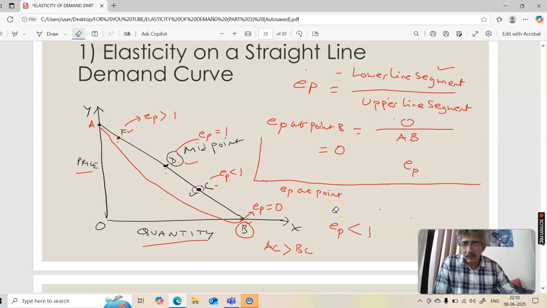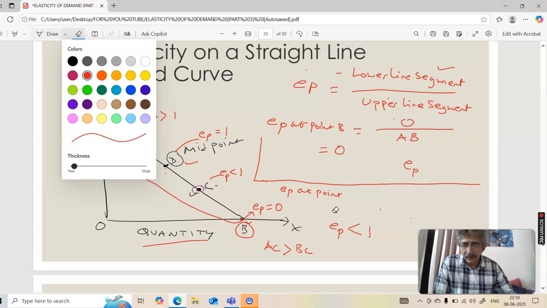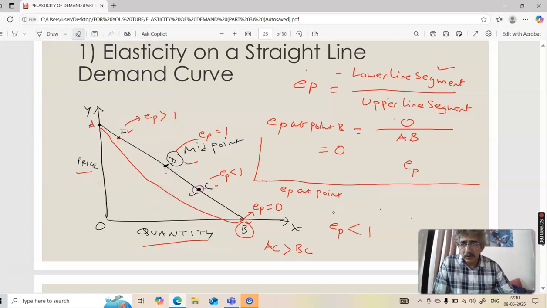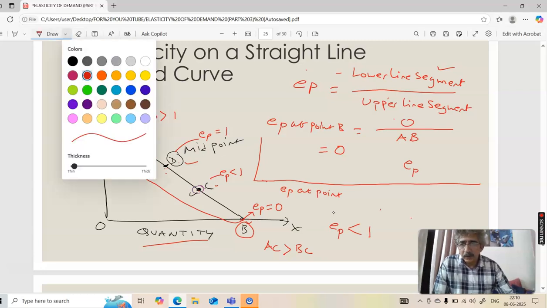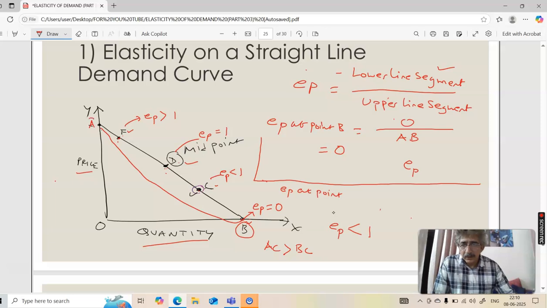At point A, this topmost point you can see, the y-intercept A. So at point A, EP will be the lower line segment over the upper line segment. The lower line segment in this case will be AB, already marked. And what is the upper line segment?